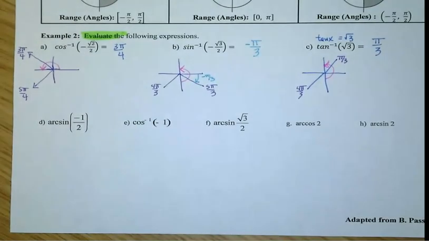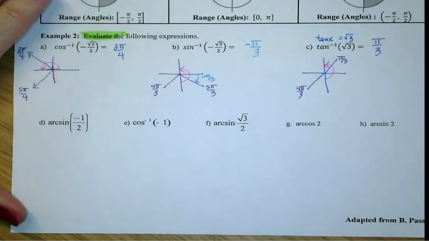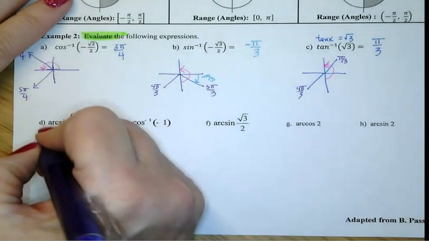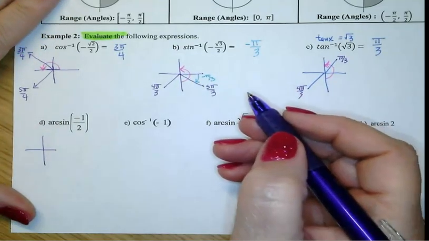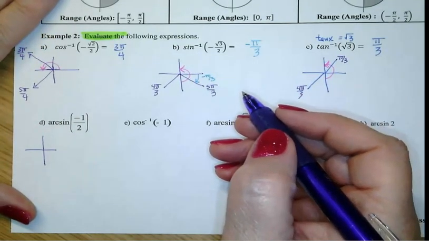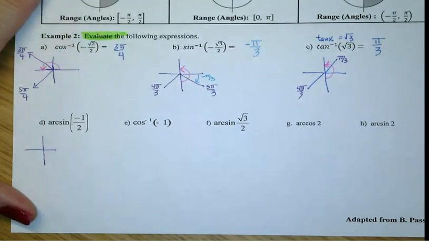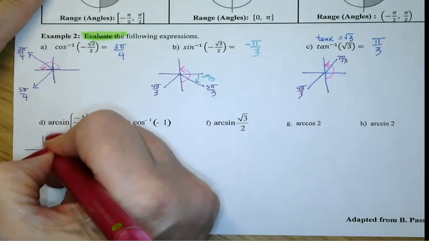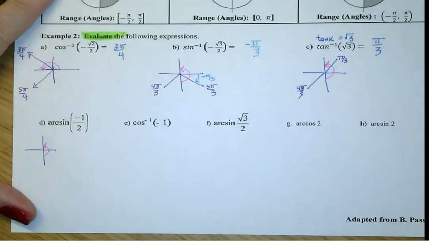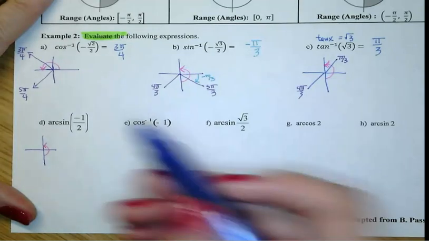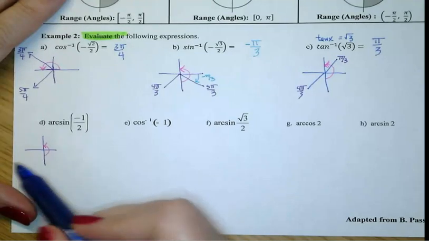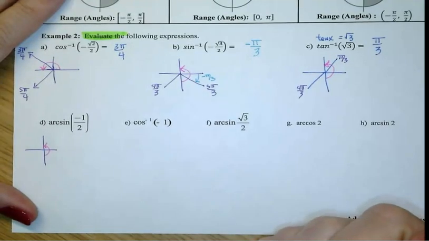All right, so now let's move on to this next one, which is arcsine of -1/2. So that means we're going to have our axis marked here. And we know that sine is negative in which two quadrants. And then we also know that sine has a restriction mark from here to here. I know that sine can be negative in the third and fourth quadrant, so which one am I actually worried about?